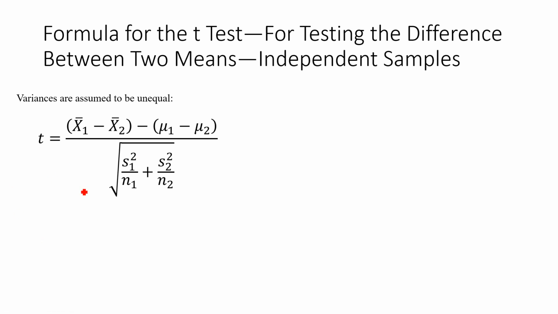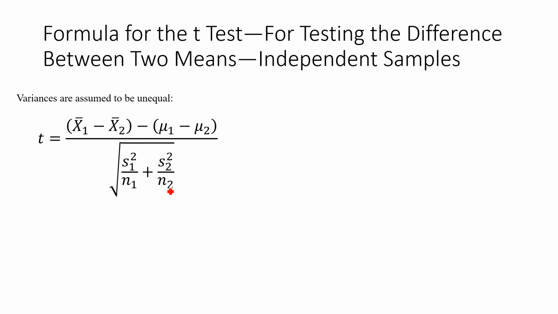The t equals the quantity: the sample mean of the first group minus the sample mean of the second group, minus the quantity: the population mean of the first group minus the population mean of the second group, all over the square root of the variance of the first sample over the number of elements of the first sample plus the variance of the second sample over the number of elements of the second sample.